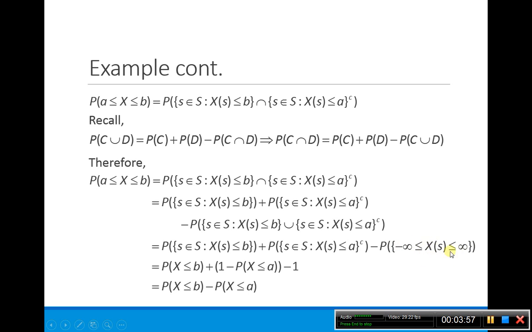Well, the probability that capital X is on the real number line is just 1. Remember, this is the probability X is less than or equal to B. We want to keep that. This is the probability of a complement, which is just 1 minus the probability of that set. So we simplify and we can get the probability that X is between A and B written as the probability of capital X less than or equal to B minus the probability of capital X less than or equal to A.